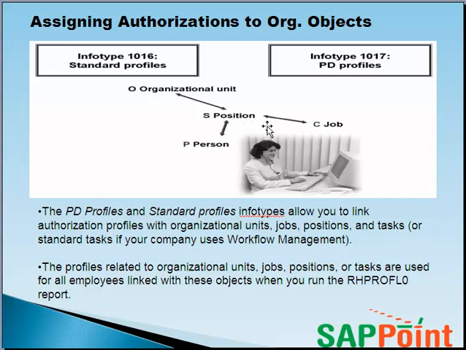Now, if for example, the authorization profiles for all employees of an organization unit tend to be fairly similar, it may be most effective to use the profiles for the entire org unit. However, if the authorizations vary by job or task, it may be better to use the profile for the job or task or position concerned.